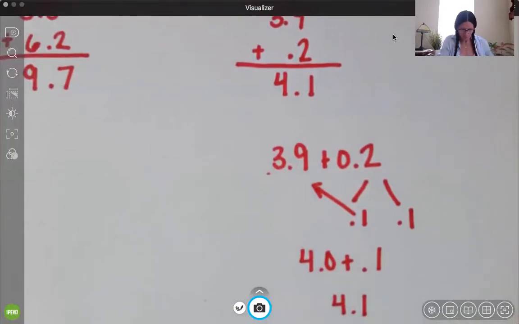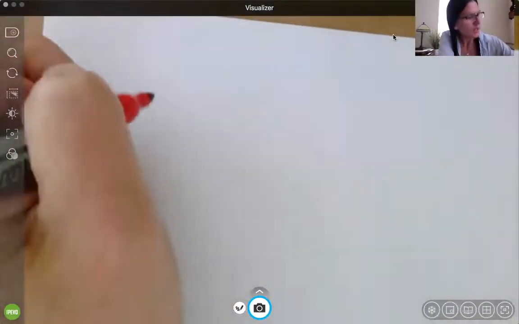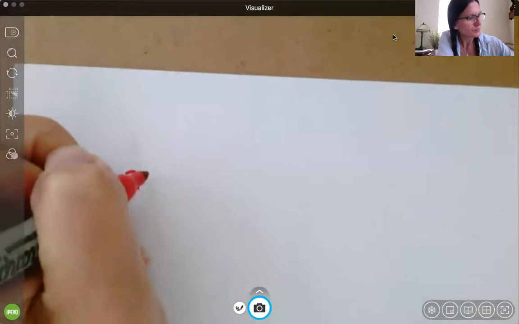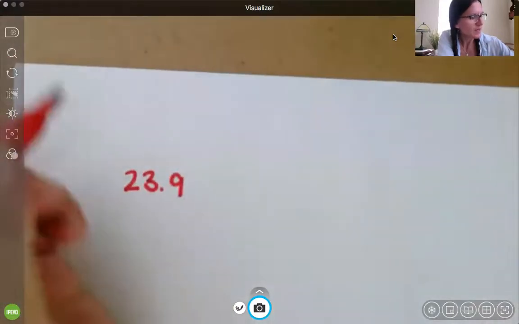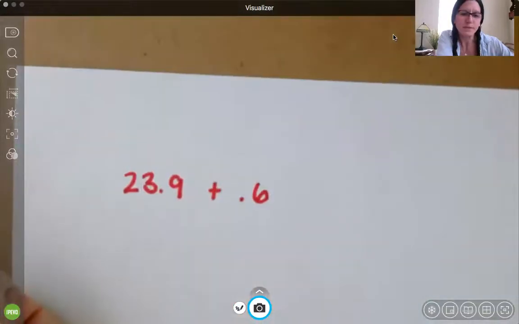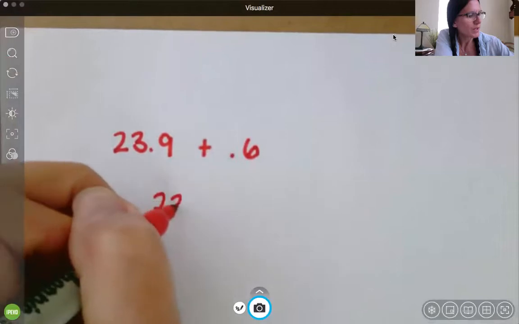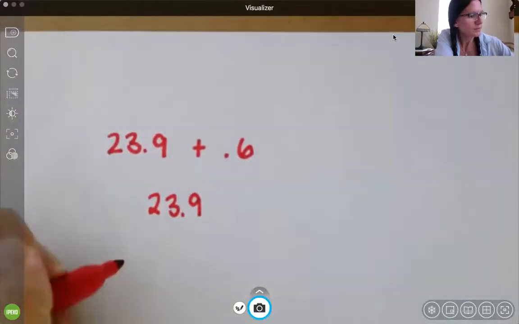Okay, so let's try one more. Actually, we'll do 2 more. We have 23 and 9 tenths plus 6 tenths. I'm going to take my 23 and 9 tenths.